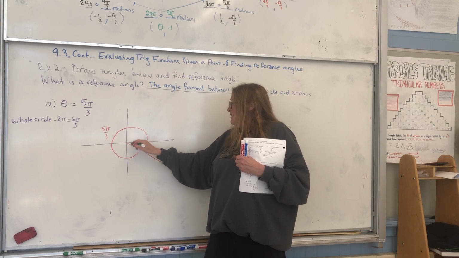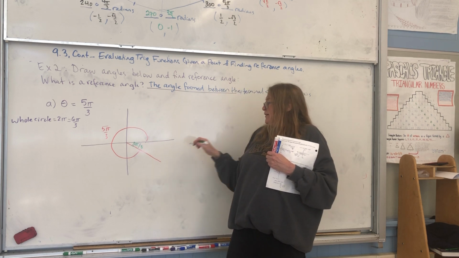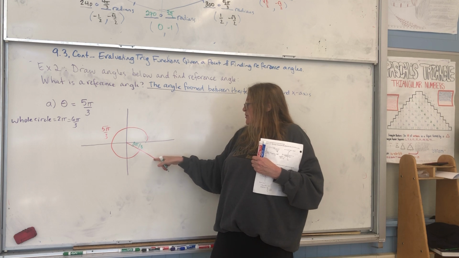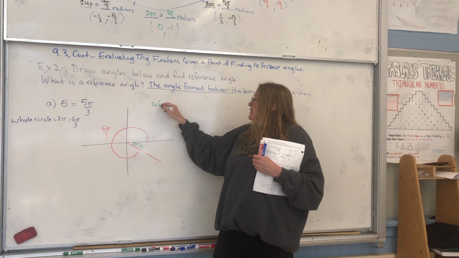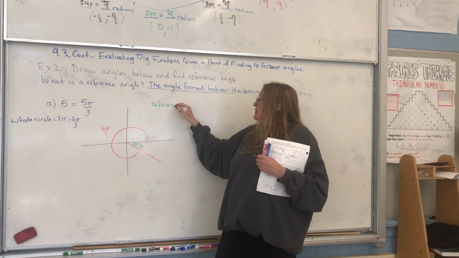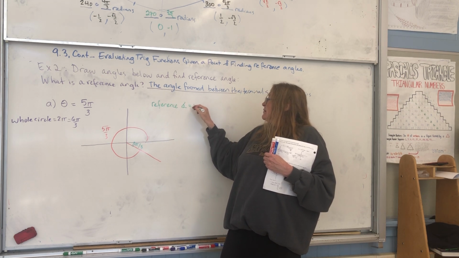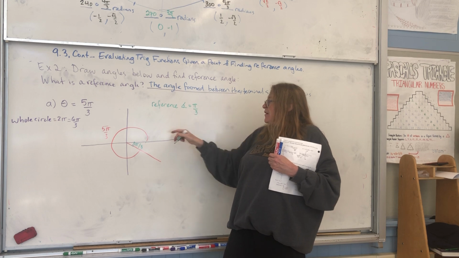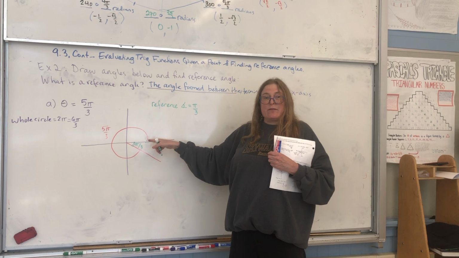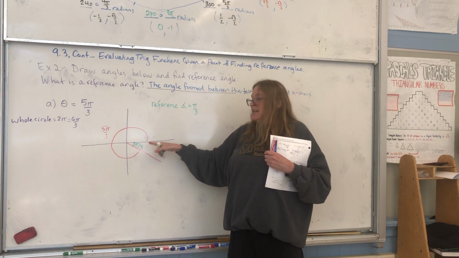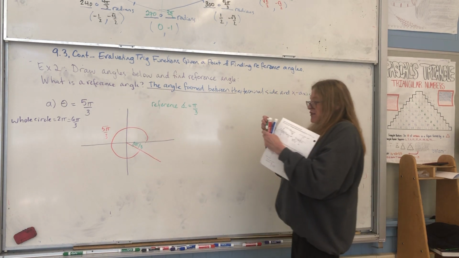This here is the reference angle, the angle formed between the terminal side and the x-axis. So the reference angle here is pi over 3. We've gone 5 pi over 3 around, and we've left a single leftover pi over 3 between our terminal side and the x-axis.